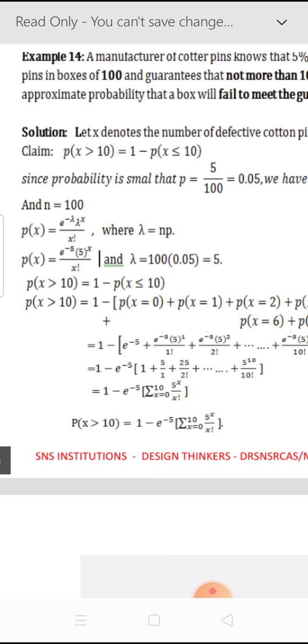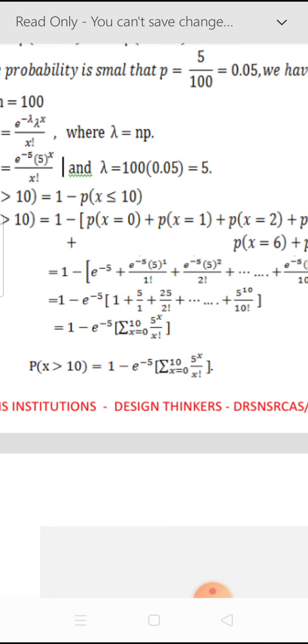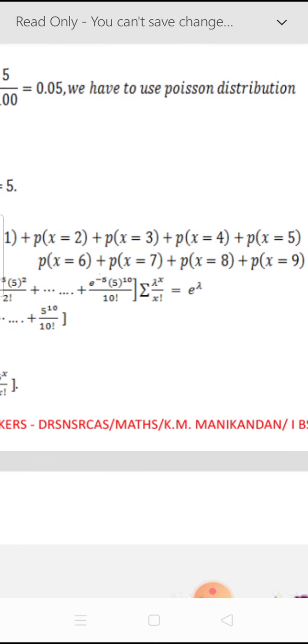Now n is 100, so 100 into 0.05 equals 5. So therefore lambda value is 5. Now probability of x less than or equal to 10 is nothing but probability of x equal to 0, probability of x equal to 1, x equal to 2, etcetera, up to probability of x equal to 10.